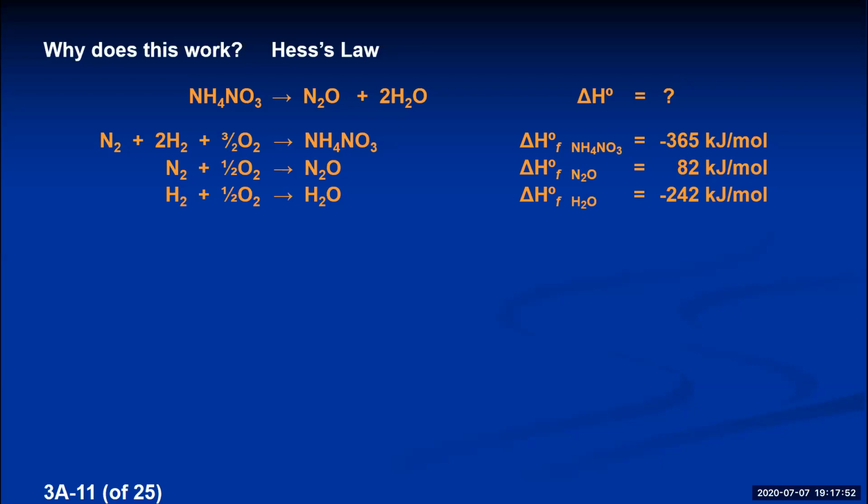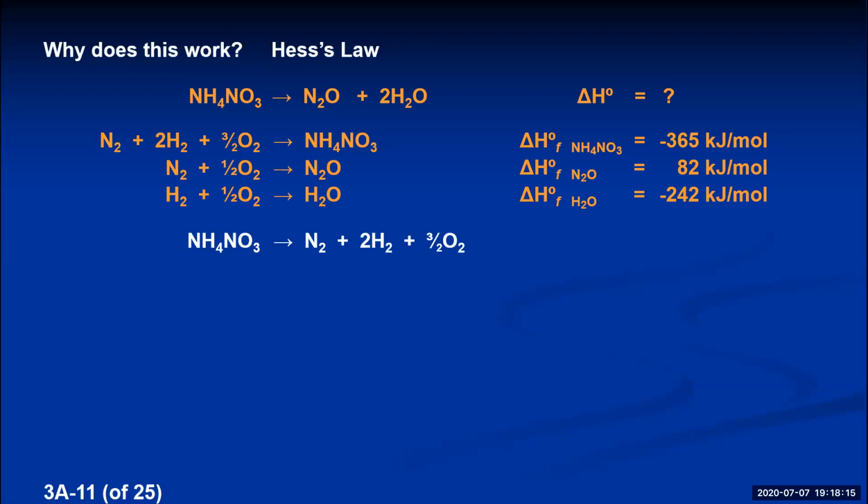And our first formation reaction has NH4NO3 as a product. That reaction is written incorrectly. We have to reverse it. So it goes NH4NO3 yields N2 plus 2H2 plus 3/2 O2. So I'm going to reverse that first reaction so that I put the 1 mole of NH4NO3 on the reactant side.